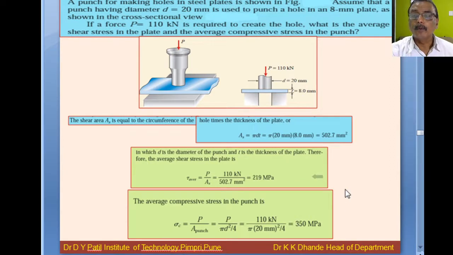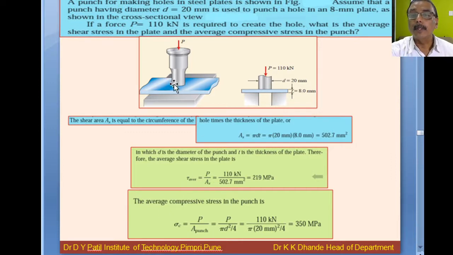Now next we have to calculate its compressive stress in the punch. Sigma c is the compressive stress, and again stress is equal to the basic equation, load upon cross sectional area. Concentrate on this point: average compressive stress in the punch means we have to calculate the stress in that section.